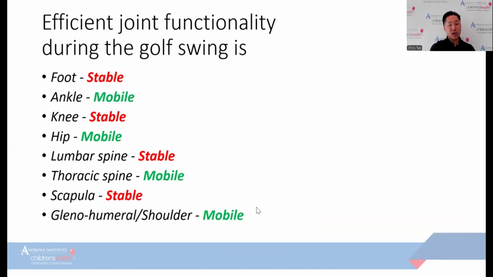So if you have too much mobility in one of these, it will actually throw everything else off. And of course, if you have too much stability in one of these, you're going to be limited in terms of your swings. So we want stability on mobility and mobility on stability, alternating, to create the best sequence for your body.